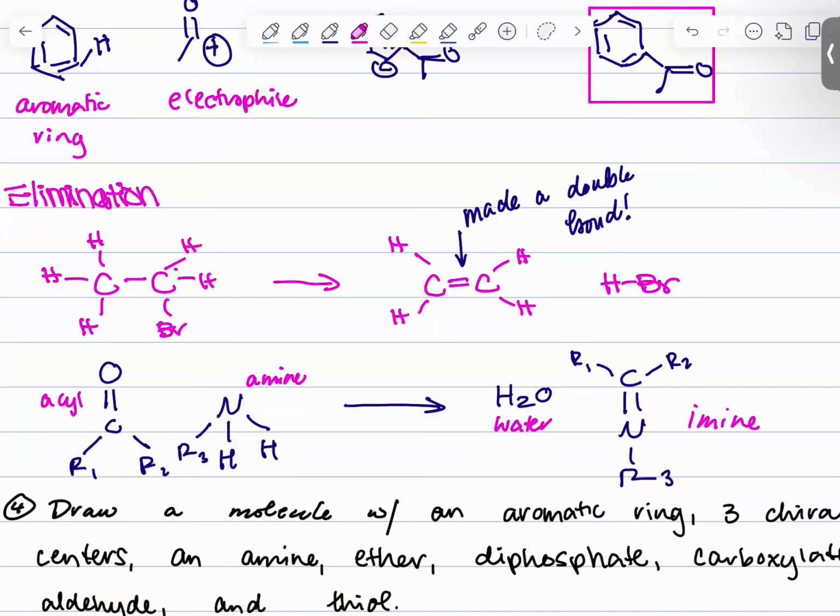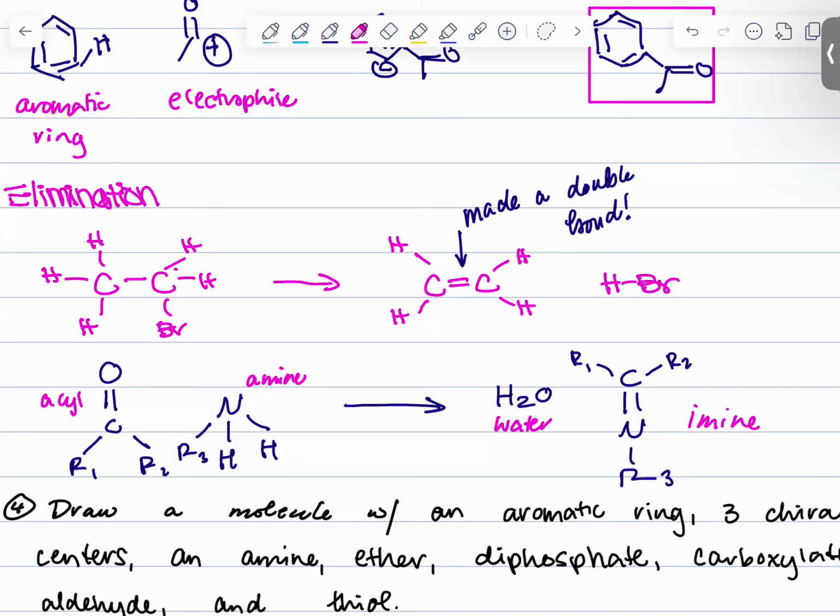It can be any acyl. No, it can't be any acyl. It can be an aldehyde or a ketone. Once you start getting into esters and thioesters and amides, you're going to end up doing an acyl substitution. So stick to aldehydes or ketones.